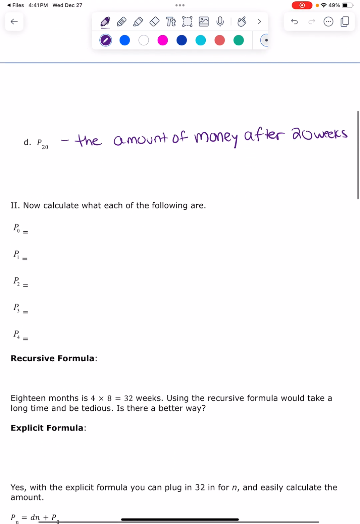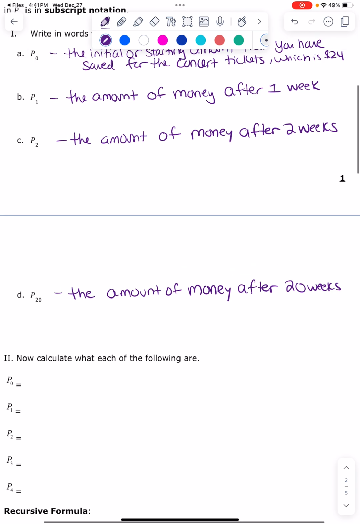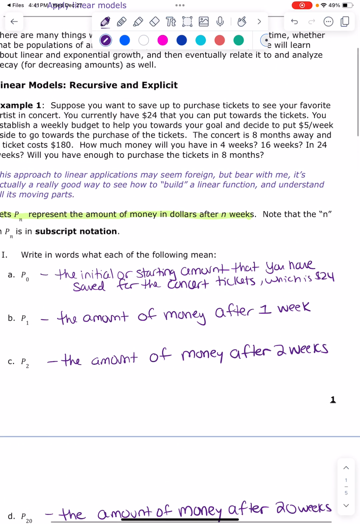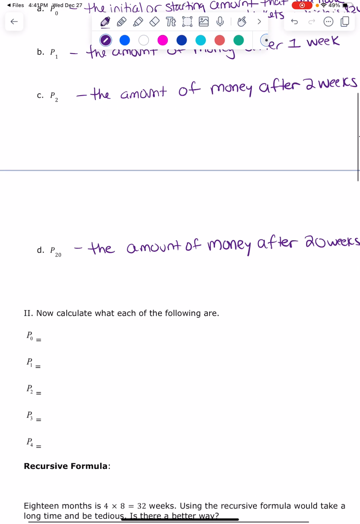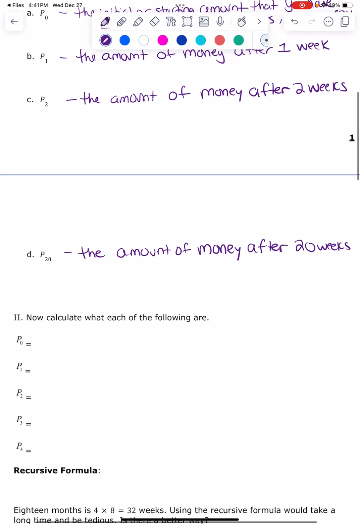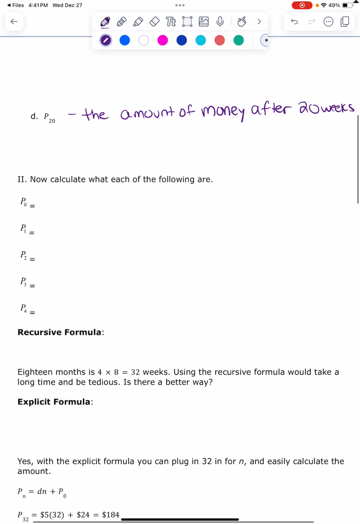So now the calculations, which don't actually match up with this. It's 4 weeks, 16 weeks, 24 weeks. That's okay. We're going to calculate what I have here. All right, so P sub 0, there's no calculation. That is generally given to you. It's $24.